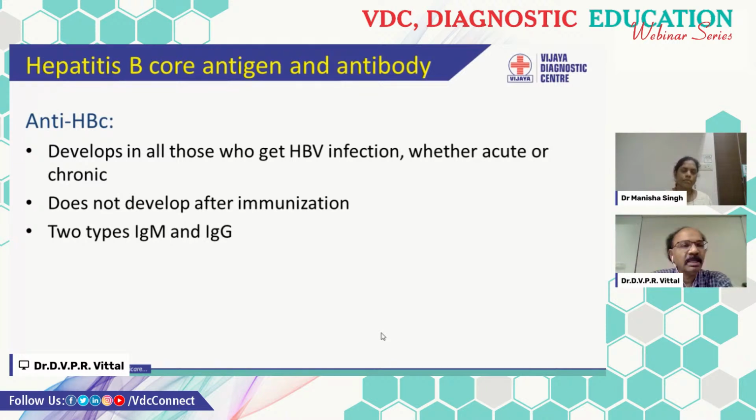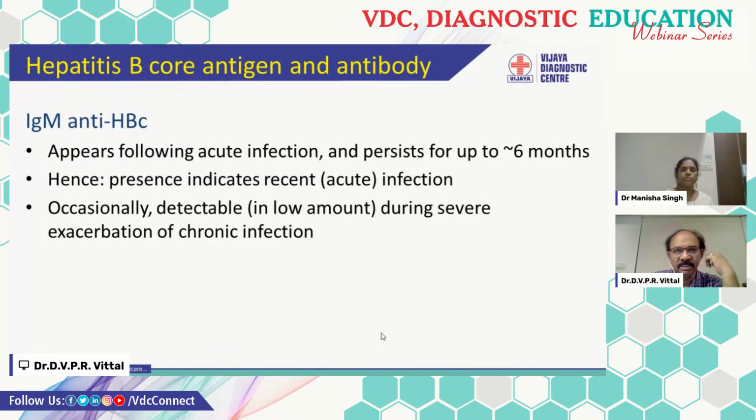Now, the anti-HBc is of two types, which may be an IgM or an IgG. The IgM anti-HBc antibody appears after acute infection with the virus, and this is the first antibody after hepatitis B surface antigen. This is the antibody which is produced against the virus in a particular patient, and this is the first antibody that appears during infection.